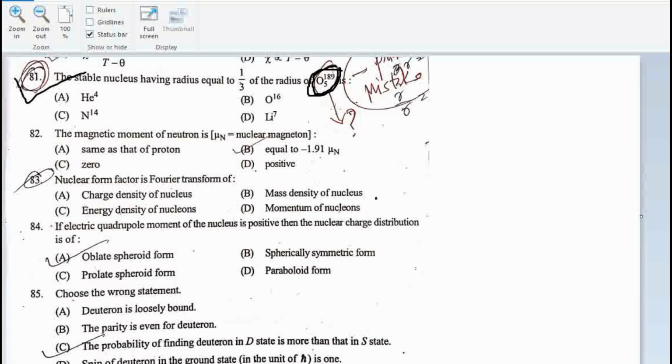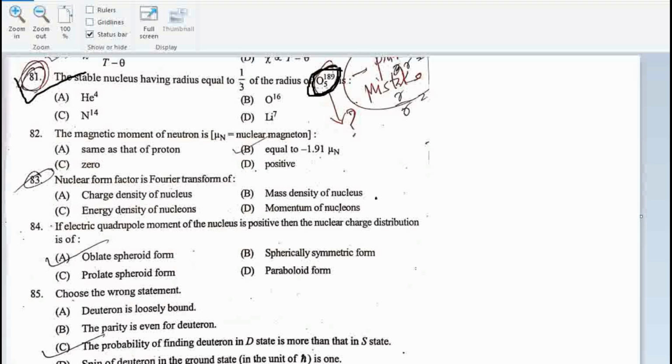The nucleus is O5189, and no doubt there is a printing mistake in typing this nucleus. In the universe there is no existence of this type of nucleus whose atomic number is 5 and mass number is 189.